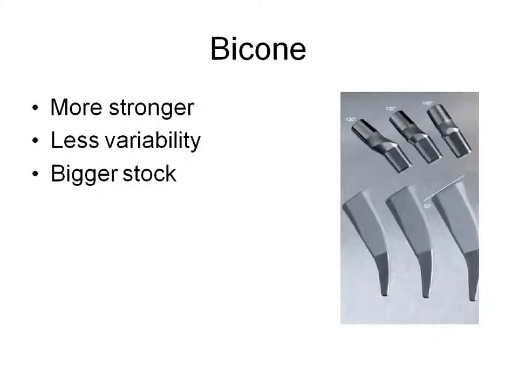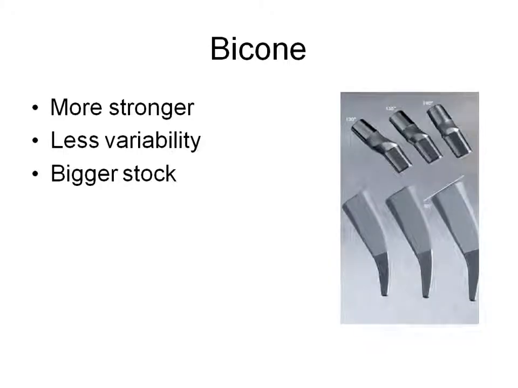For better stability of the rechangeable necks, a good concept is the bicone. Bicone is not only one cone of fixation of the neck, which is much stronger, of course, because it is bigger, but it has less variability. And if you want to reach so many positions as we have in the simple cone, you must have much bigger stocks. So that means this prosthesis is much more expensive.